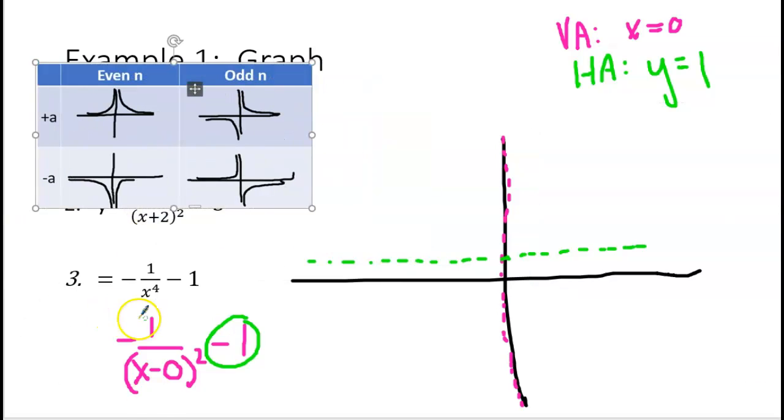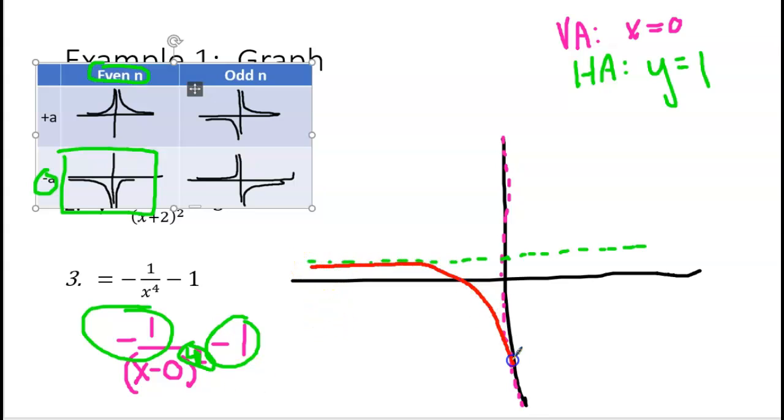So, on this particular problem, my fraction is negative and my power is even. Oh, actually, this was supposed to be a 4, wasn't it? Doesn't matter, it's still even. So I've got a negative fraction with an even power, and therefore I will be using this shape. And so when I sketch my graph, it looks like this. There you have it. Okay.